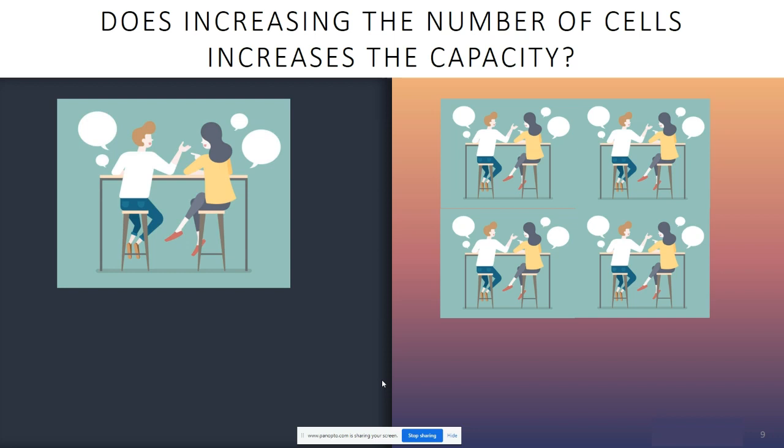However, if they are using the same radio channel, each base station will make some interference with each other. So if the interference level is still acceptable, we can support 4 times the number of mobile terminals in the given area.